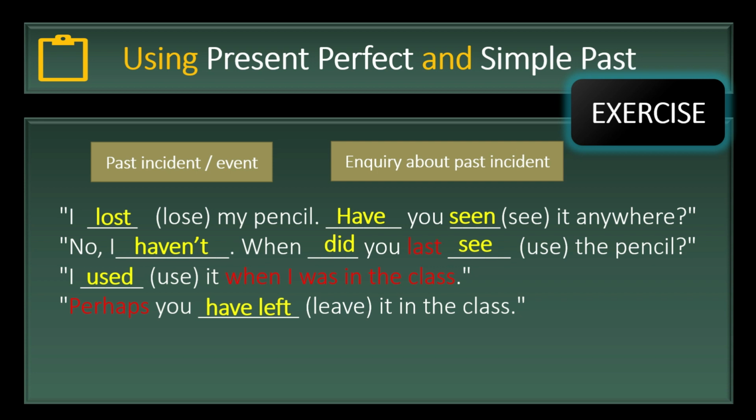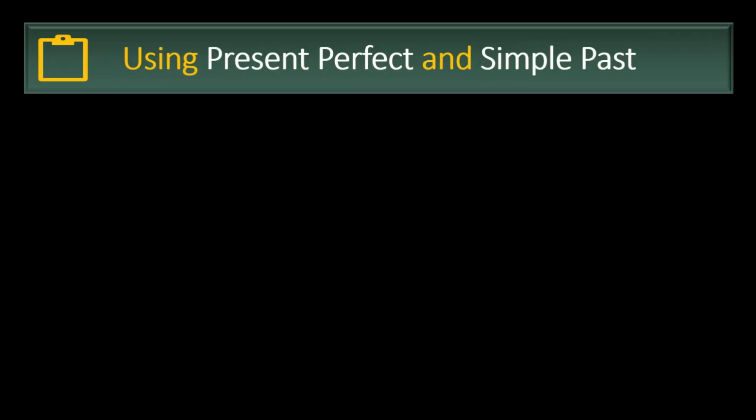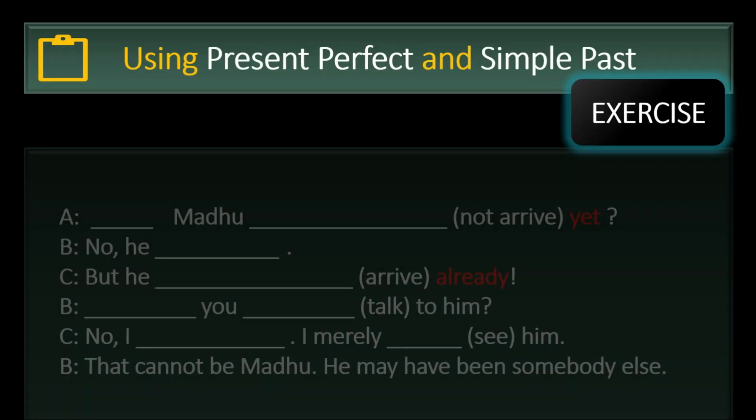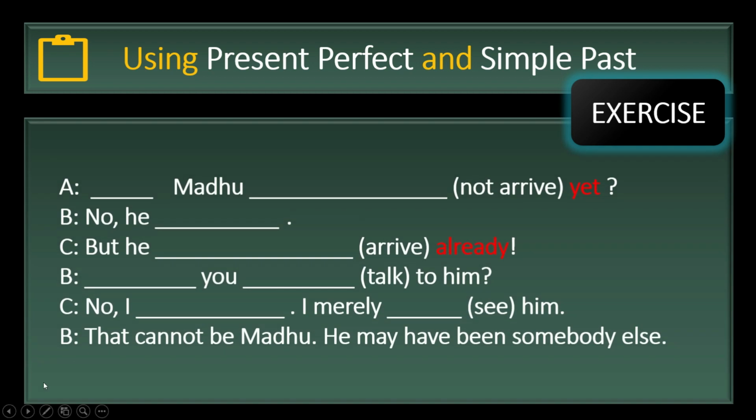Let's move on to the next one. Look at this exercise. Look at this conversation. See how this works. Now the key word here is yet. We have already discussed just, already, yet. With those words we use present perfect tense. Now let me remind you of this. This yet can be used in past perfect tense as well, but we are dealing with only present perfect and simple past here.